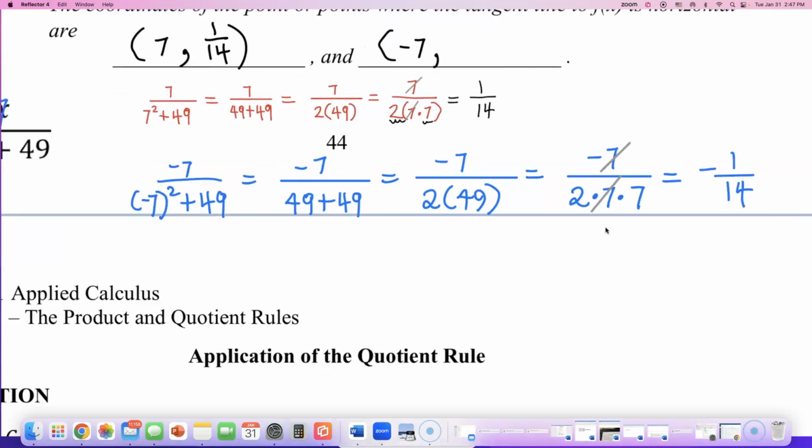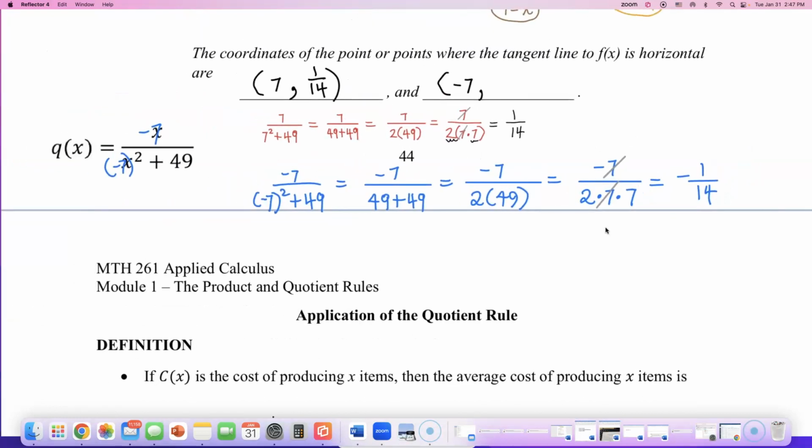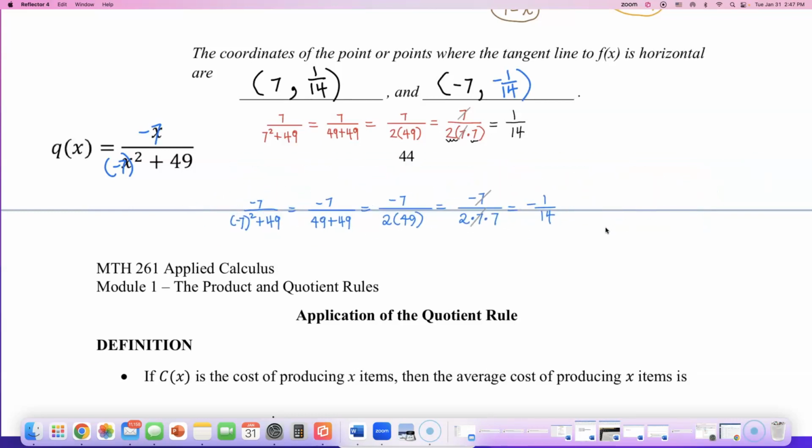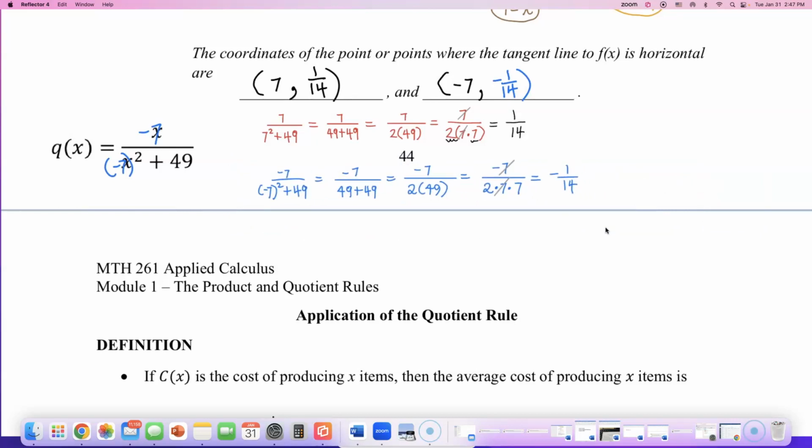So when you plug in negative 7, and you know what, you could have done this just on the scientific calculator, and I don't mind at all, but I didn't want to change to a different browser to open up Desmos. And this one was nice. We were able to do this without a calculator. But that's it.